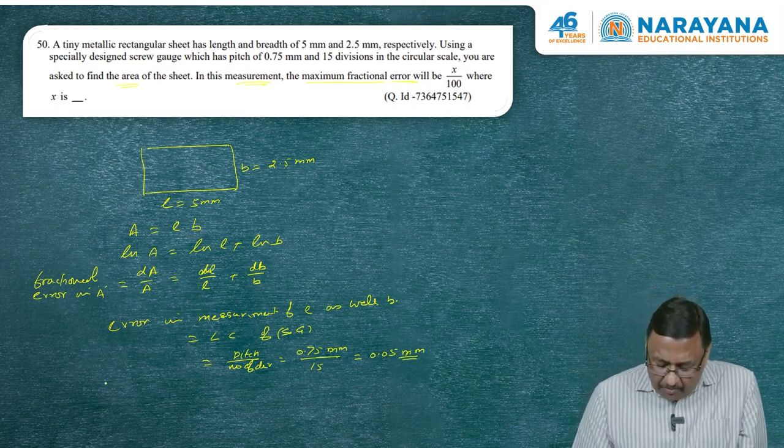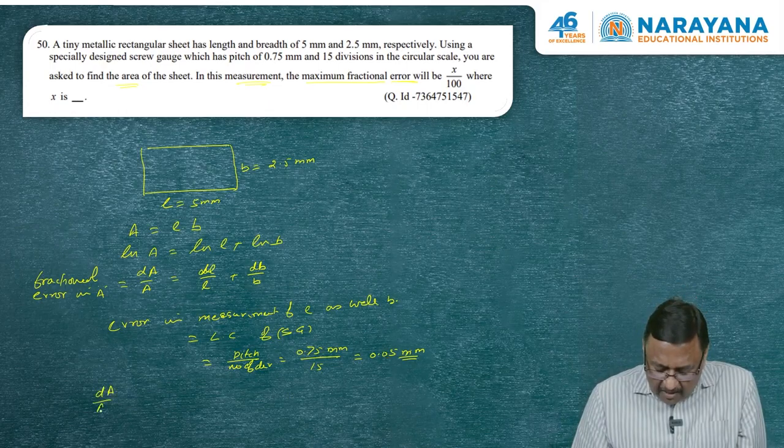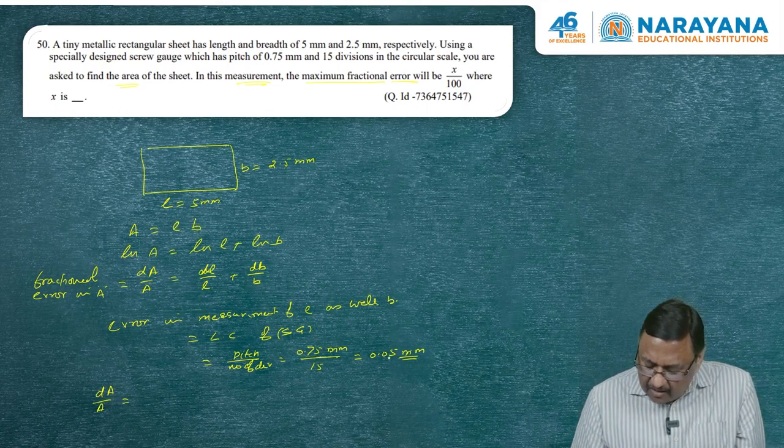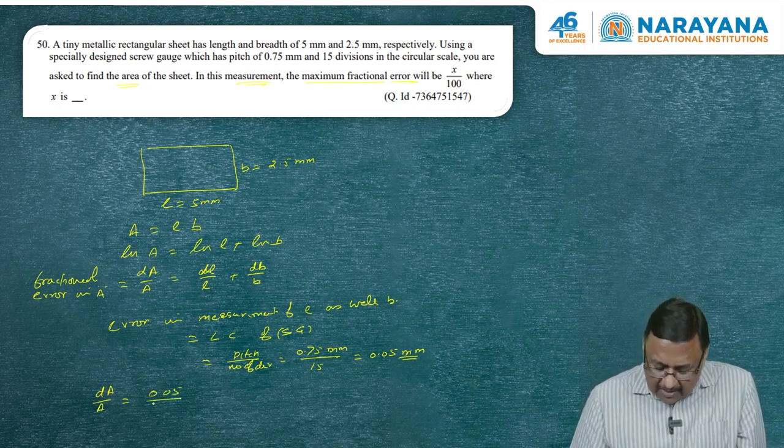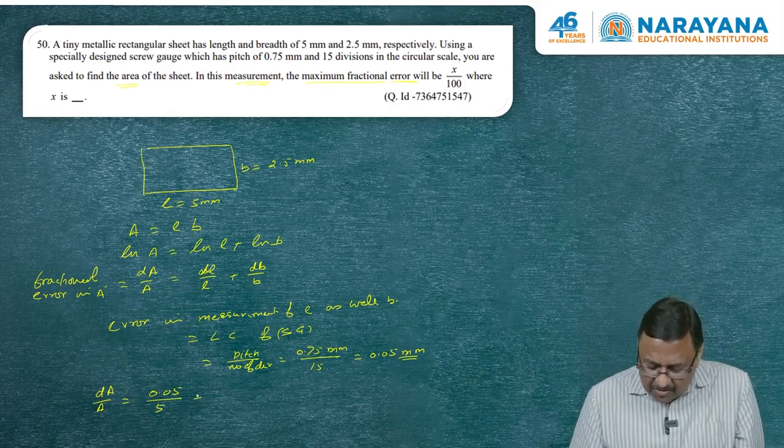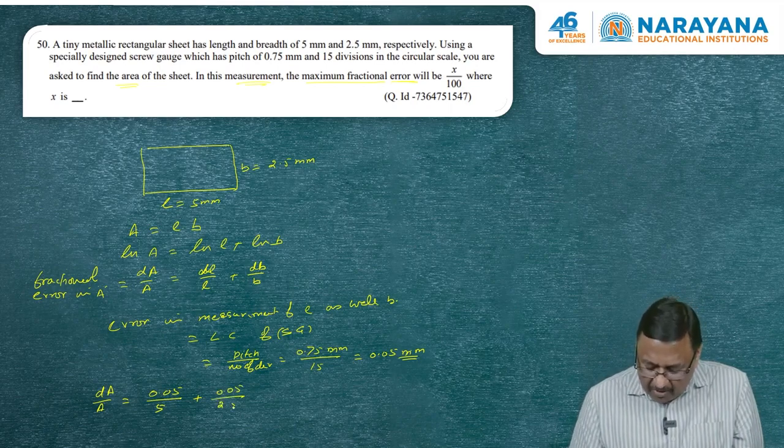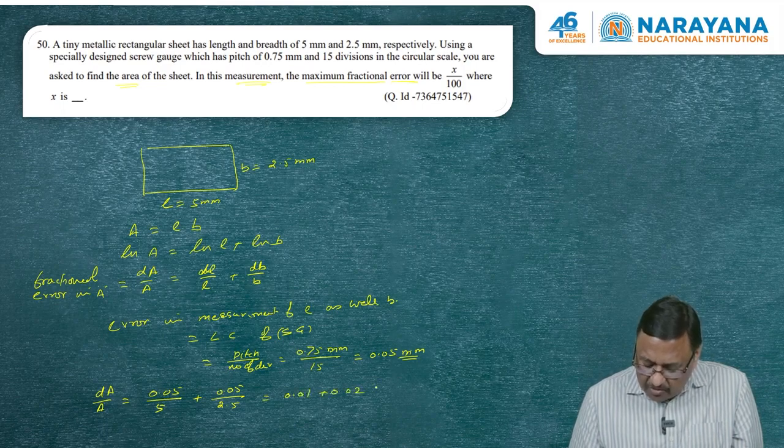That means dA upon A is 0.05 divided by the length, 5, in the same units, plus 0.05 divided by B, which is 2.5 here. This will become 0.01 plus 0.02, so it becomes 0.03.